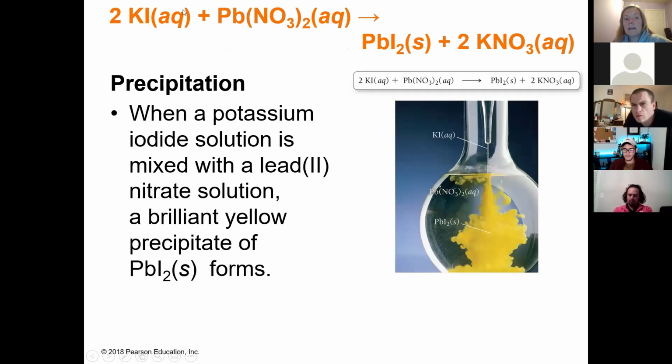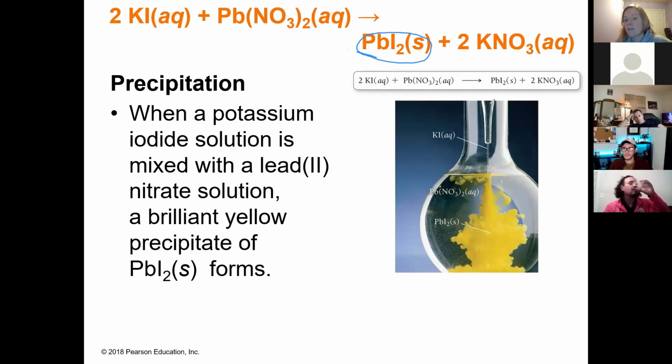We have potassium iodide, which is aqueous, comes together with lead(II) nitrate, which is also aqueous, and bam, right here. Do you see how all of a sudden one of the products is a solid? That means that this lead and this iodine, when they get together in that aqueous solution, attract each other so much that they will precipitate out, or form a solid.